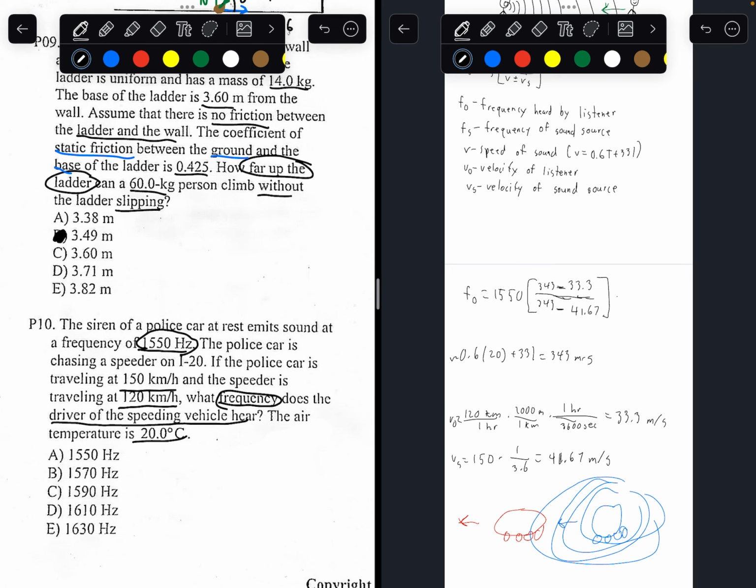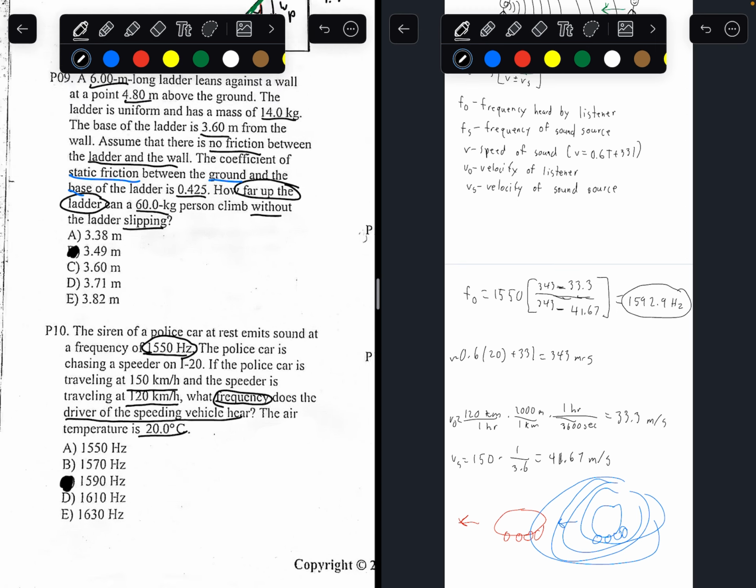Plugging everything into a calculator, you would get 1592.9 hertz. That rounds closest to answer choice C, 1590 hertz. So the answer to number 10 would be C.